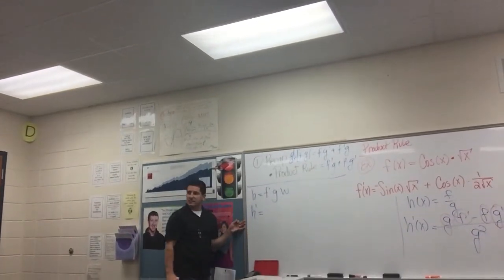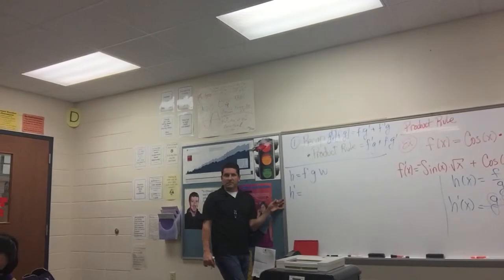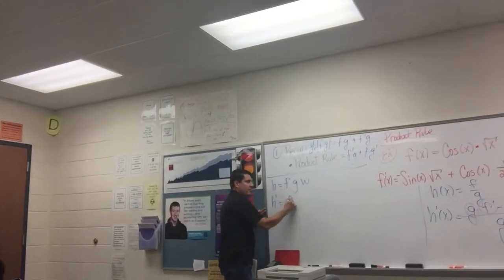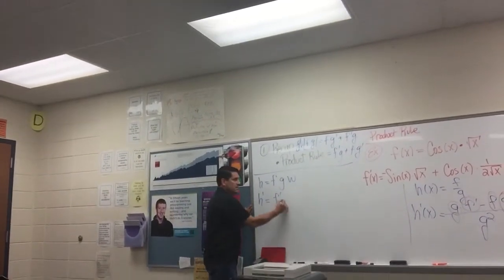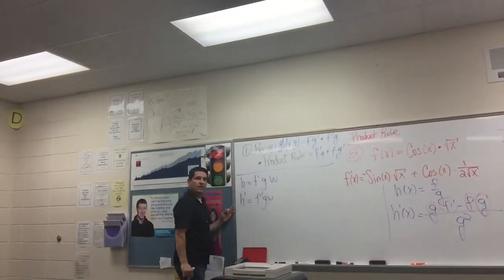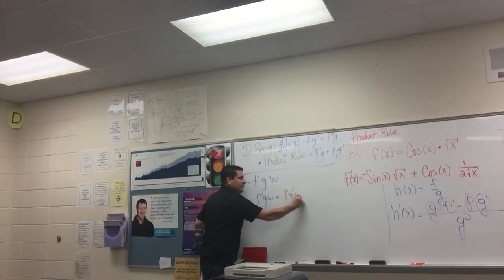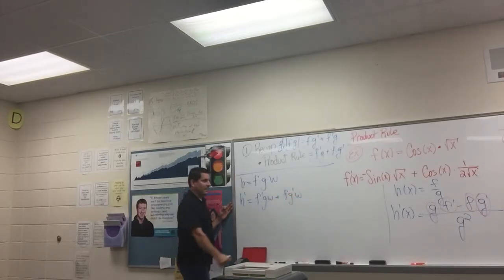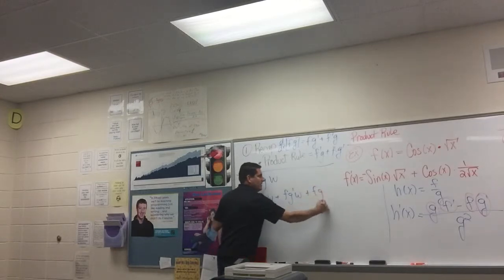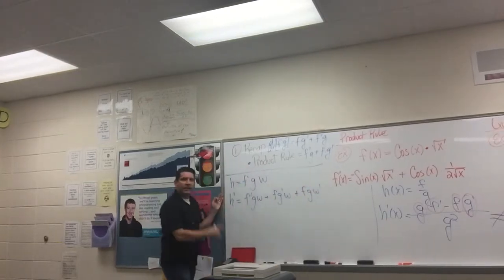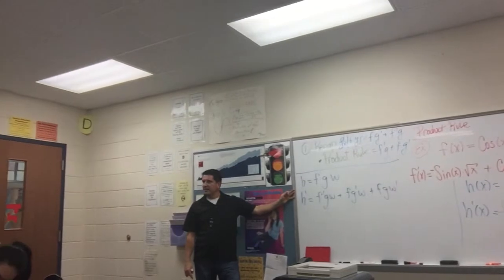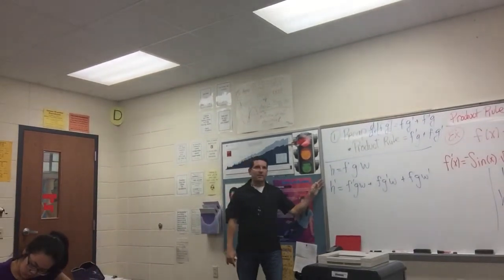What would you guess? f prime times g times w plus f g prime w. And that works. That's correct. Kind of cool. So it works out.